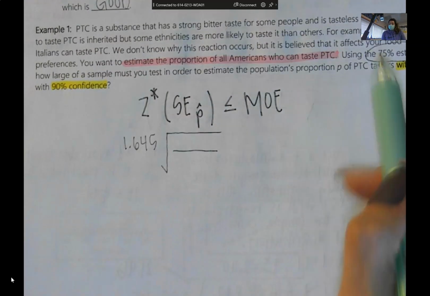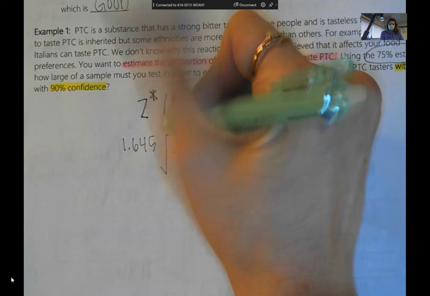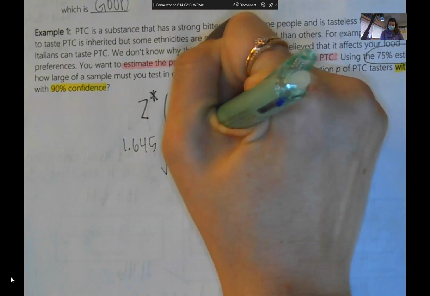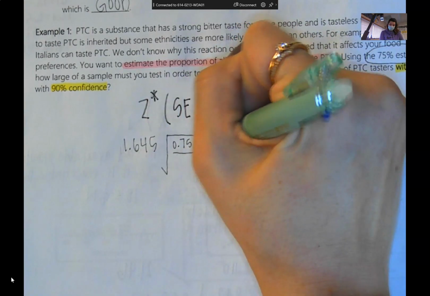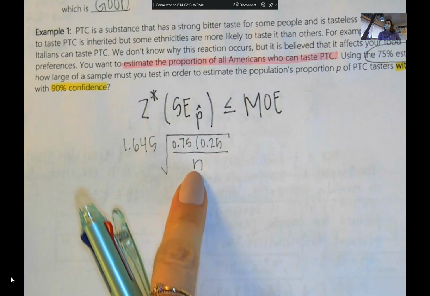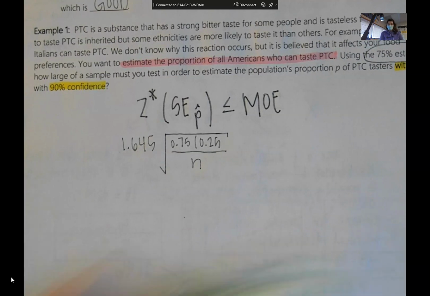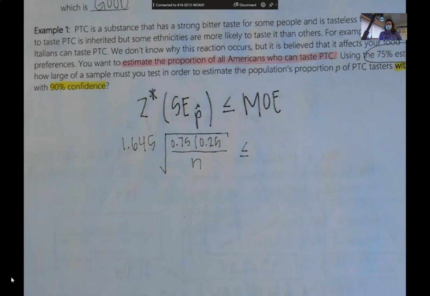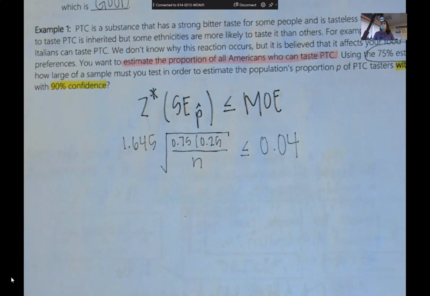We take the estimate that they gave us, 0.75, times 1 minus that, 0.25, all over n. And this is what we're looking for. We want that to be less than or equal to 0.04. We're making our margin of error less than or equal to 4%.